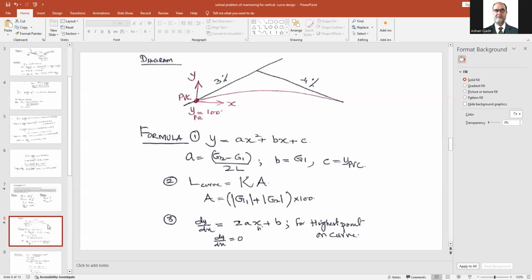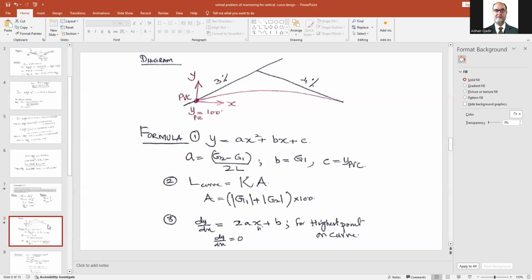I have adopted a different formula because some students get confused about what to write for G1. They don't write an absolute value. They write divided by 100, and that's why sometimes when they calculate the length of the curve, it comes out 100 times what it should be.